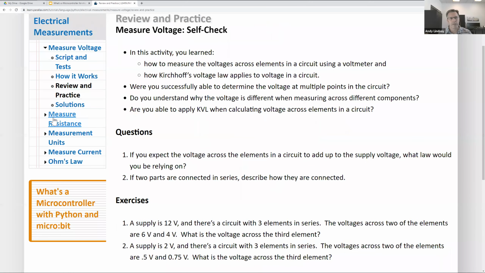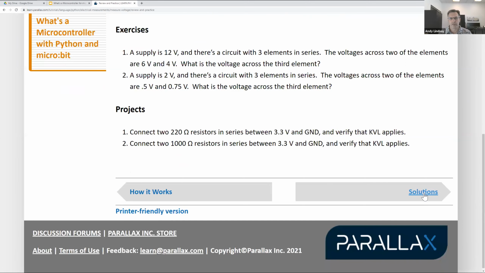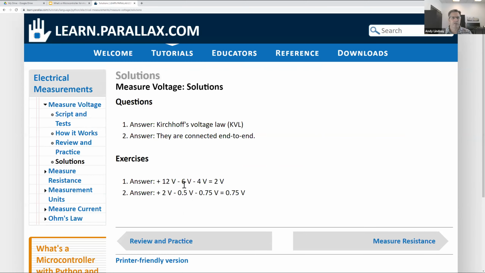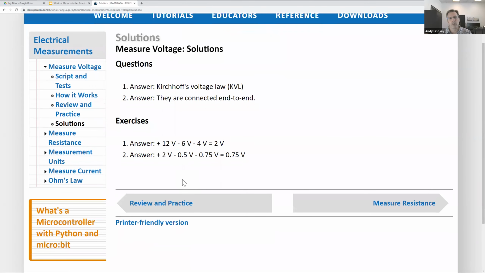All right, and then there's the end of activity material where we have questions, exercises, and projects about what the students learned and some answers, and we can encourage them. Oh, there's no projects in this particular section. The idea would be to encourage them to do this, make sure that what they come up with matches the solutions that are provided.